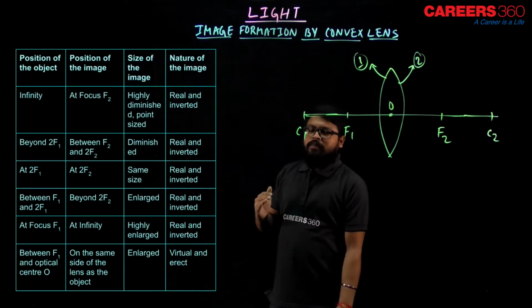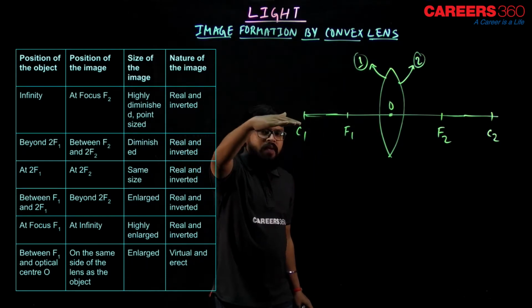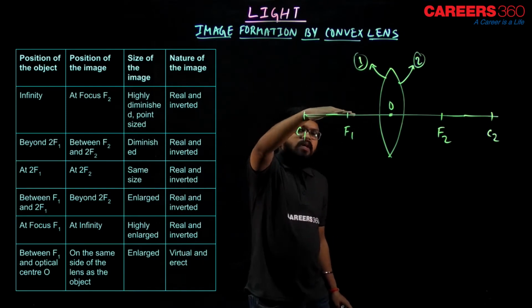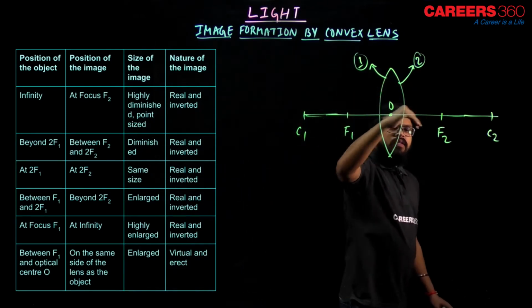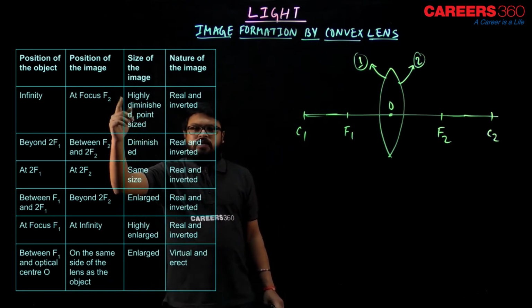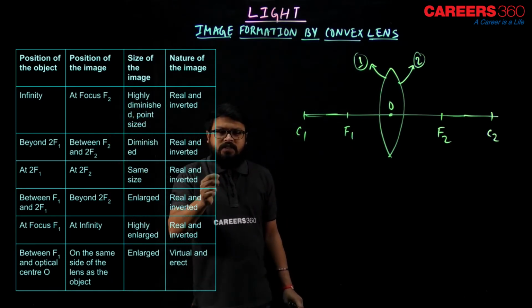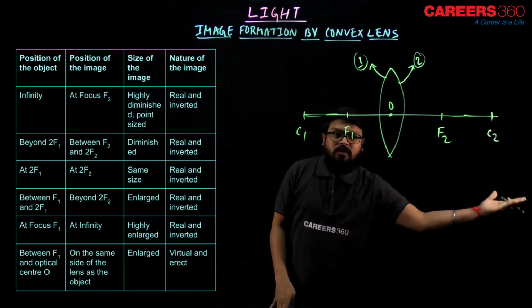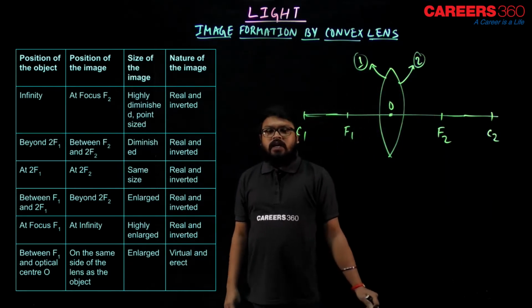That is, if a ray parallel to our principal axis refracts from the convex lens, it meets at the focus. So, the position of the image would be at f2 and that would be a highly diminished, point size image, but since the image is formed on the right hand side of the lens, it is real and inverted.